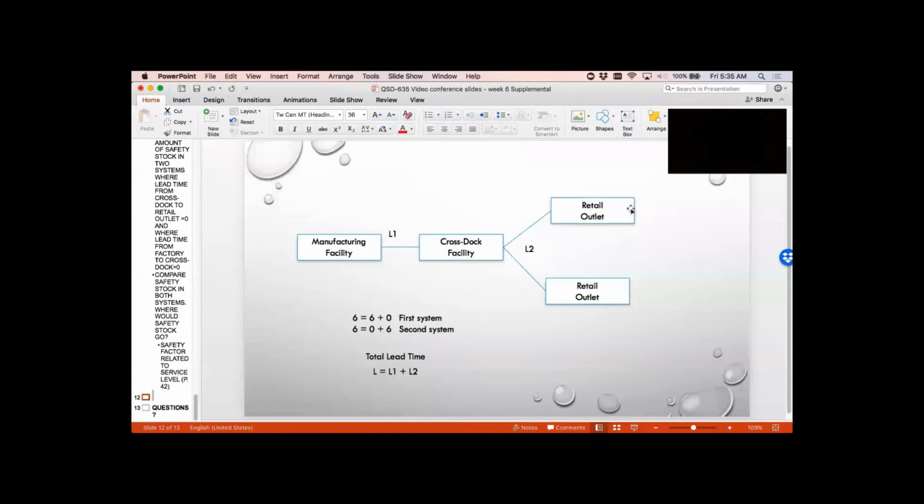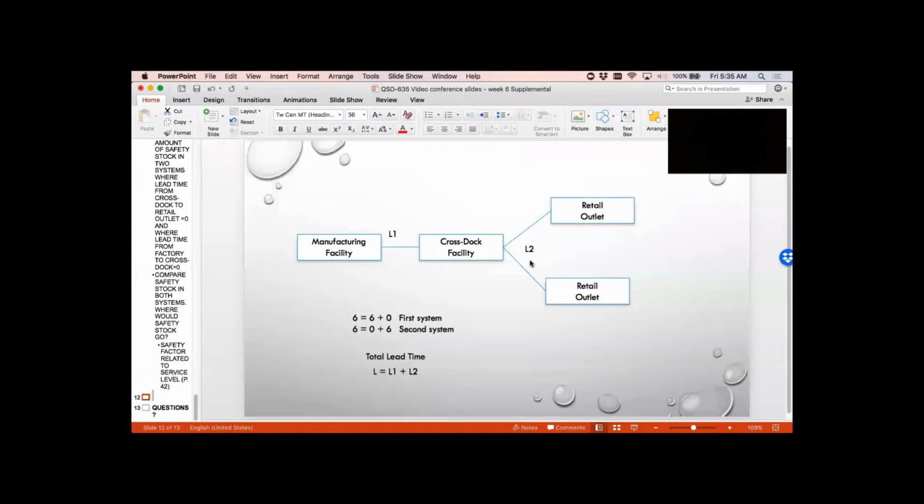Now, one thing that they don't cover in the problem is the variation in demand. If you want to address the variation in demand in your answer, that's great. I'd love to see it. But if you want, you can just deal with the variables that are given to you. Okay.